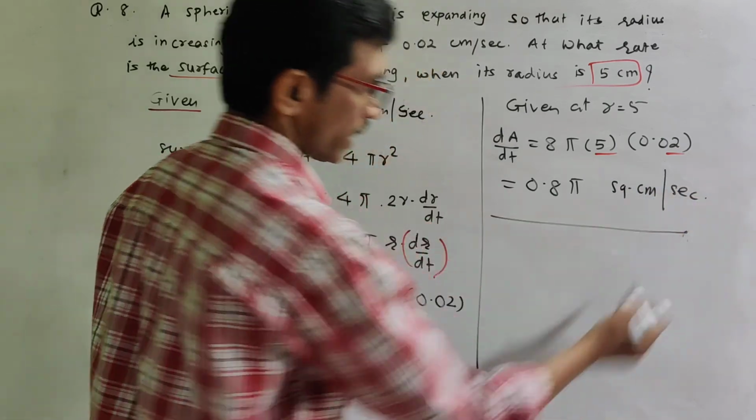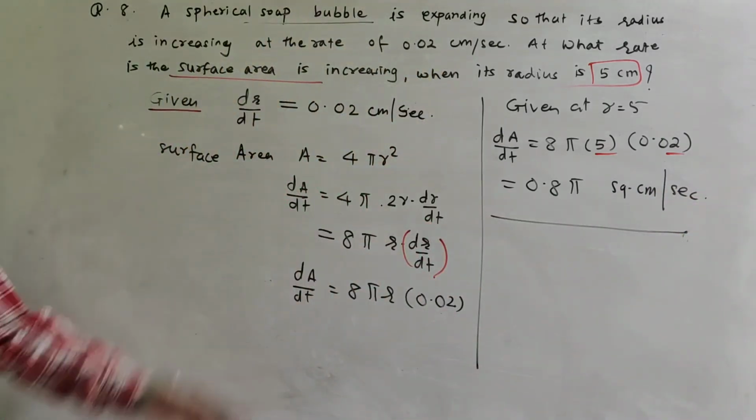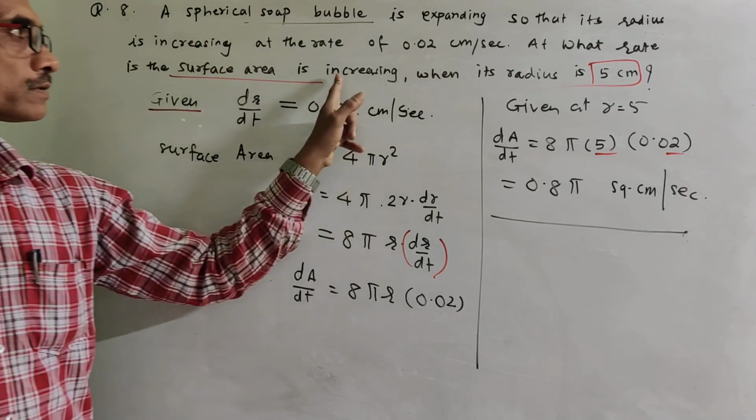This will be the rate at which the surface area of the spherical soap bubble is increasing.